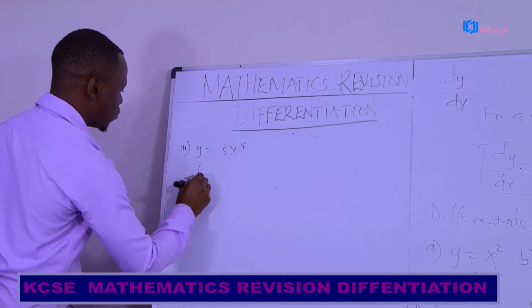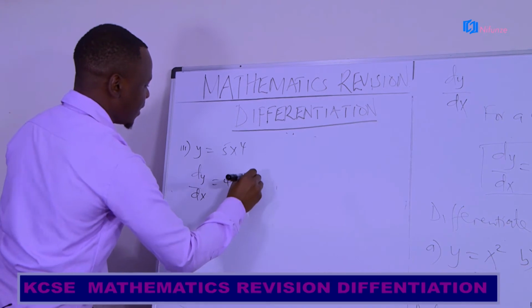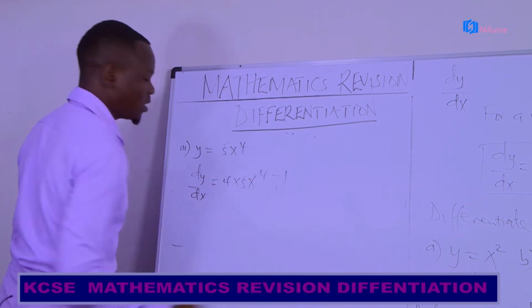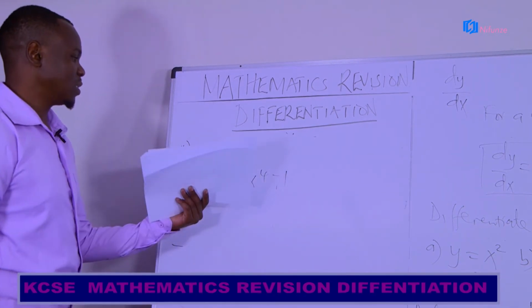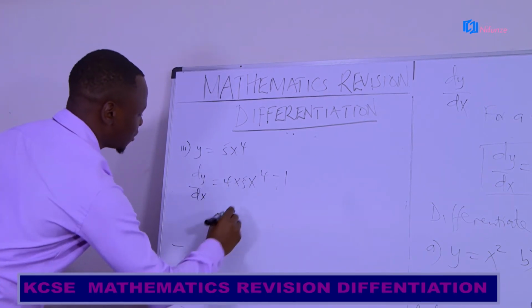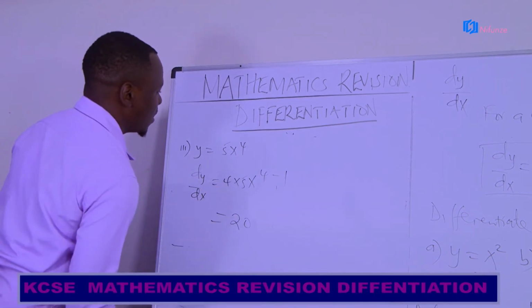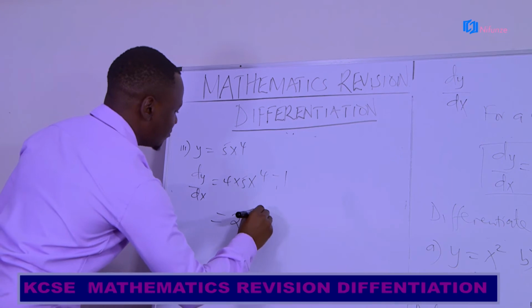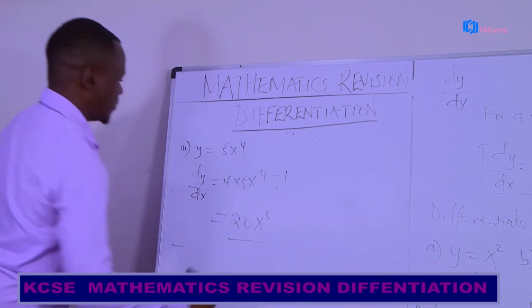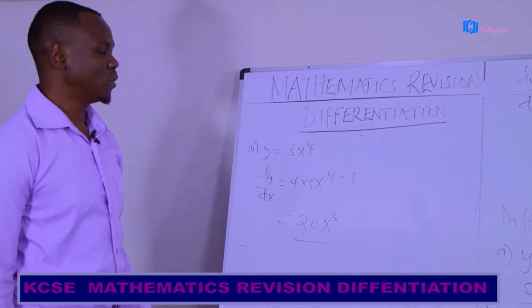So dy over dx is equal to 4 times 5x raised power 4 minus 1. You can see the 5 still is retained there. So we have 4 times 5 is 20, then x, 4 minus 1 is 3. So the derivative of 5x raised power 4 is 20x cubed.